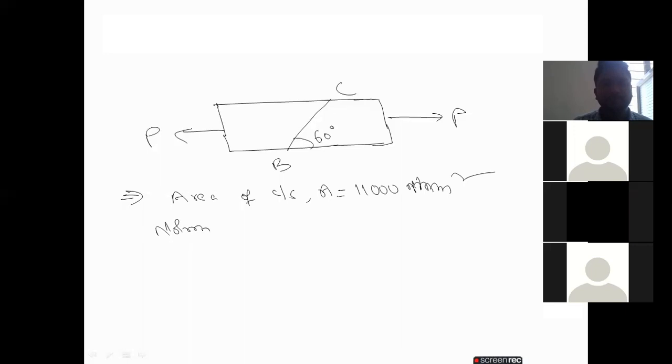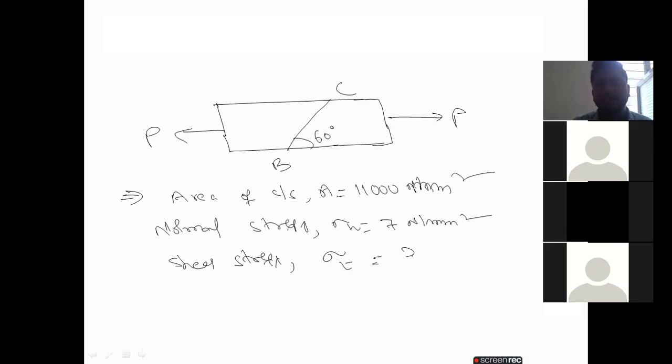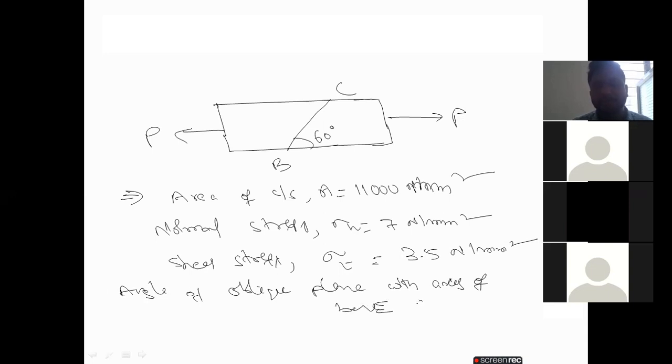Normal stress is sigma n equal to 7 Newton per mm square, and shear stress, that is sigma t, equal to 3.5 Newton per mm square, and angle of oblique plane with the axis of bar equal to 60 degrees.